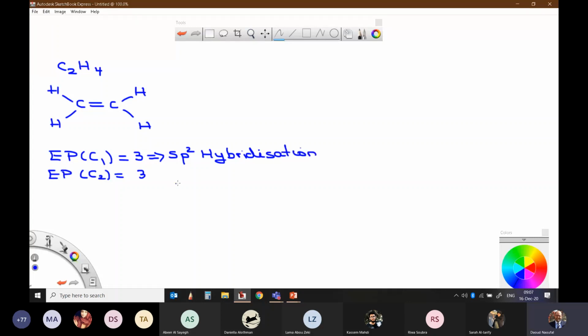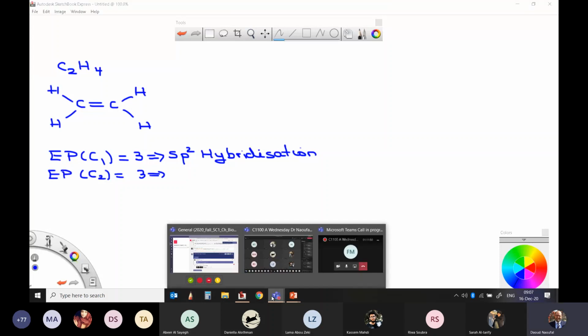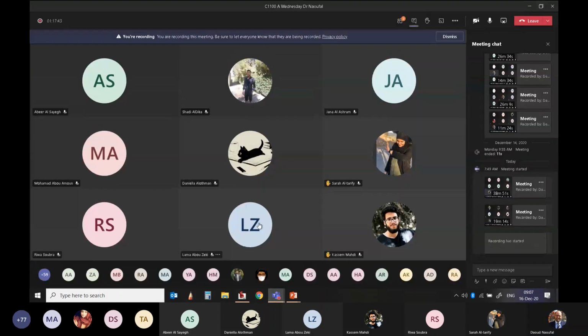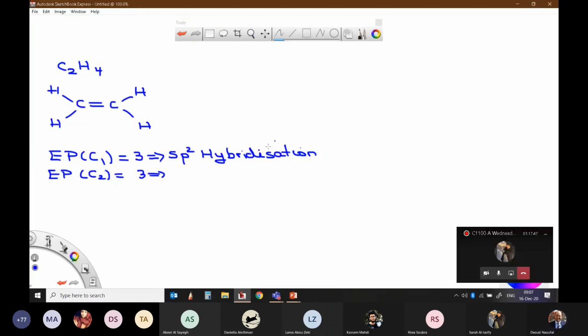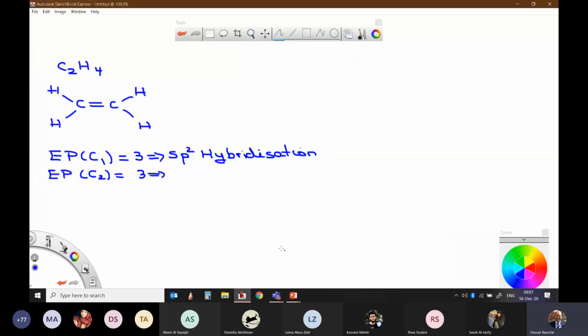And for the second carbon, we have sp2 hybridization.